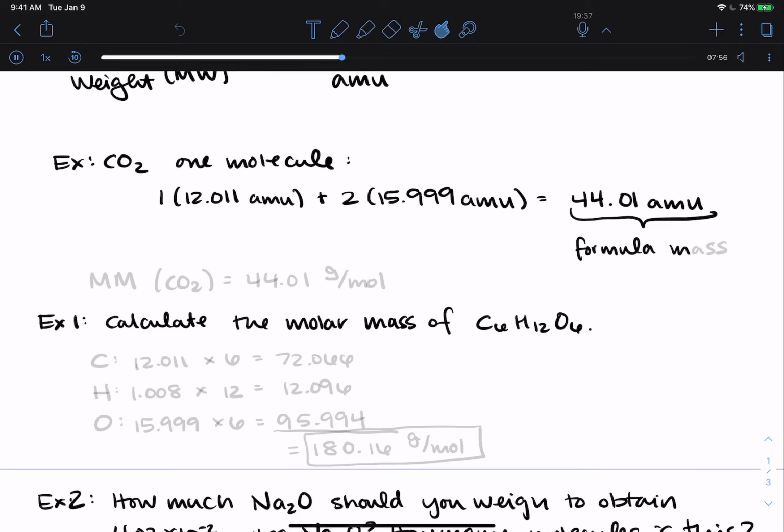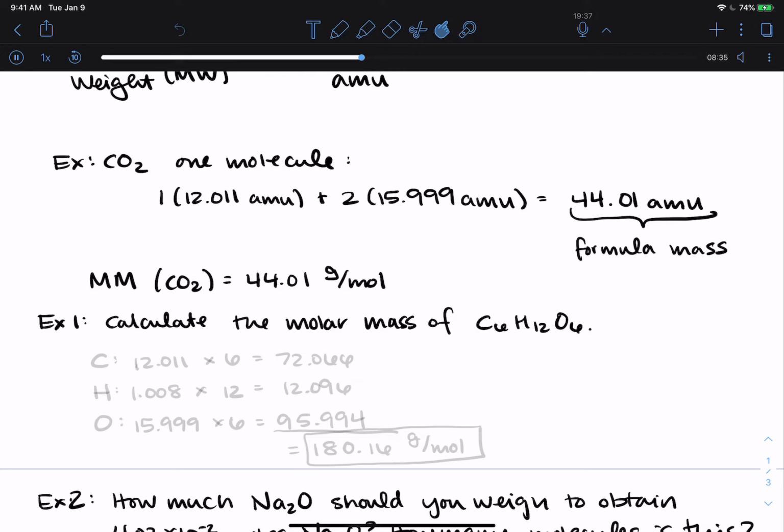Now, we're not going to use it really with AMU on here. What we're going to think about is scaling this up to an entire mole of carbon dioxide molecules. And so the molar mass of carbon dioxide is 44.01 grams per mole. And we'll be able to use this as a unit conversion, and we're going to have some practice with that. So what I'm going to do is pause the video, write out a couple practice problems, and then we'll come back and take a look.